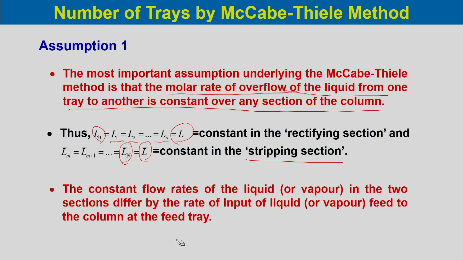The constant flow rate of the liquid or vapor in the two sections differ by the rate of input of liquid or vapor feed to the column at the feed tray. As we have discussed before, depending on whether the feed is vapor, liquid or a vapor-liquid mixture, the constant flow rates of the liquid and vapor in the two sections will change.